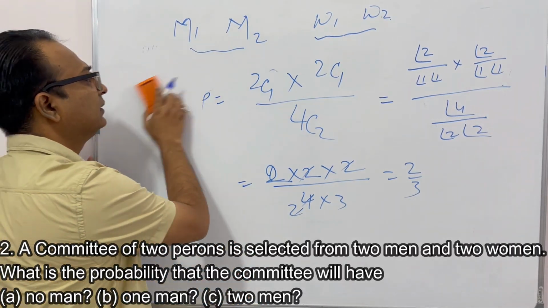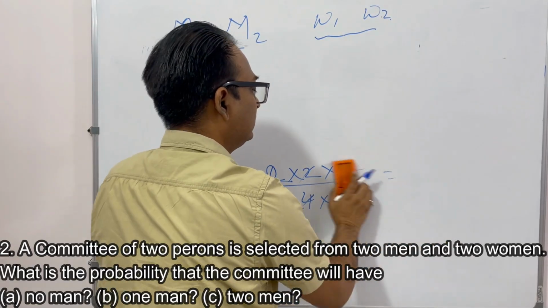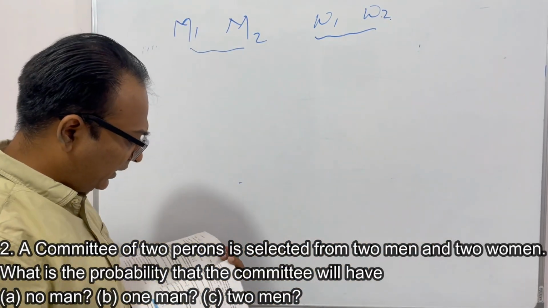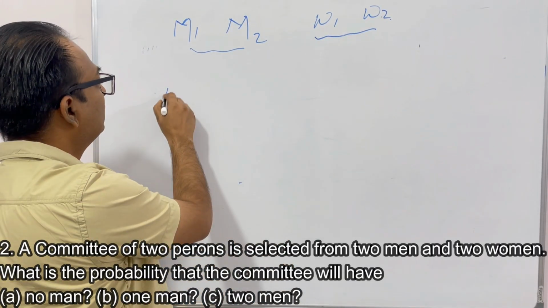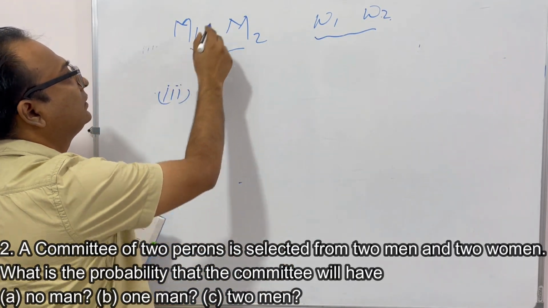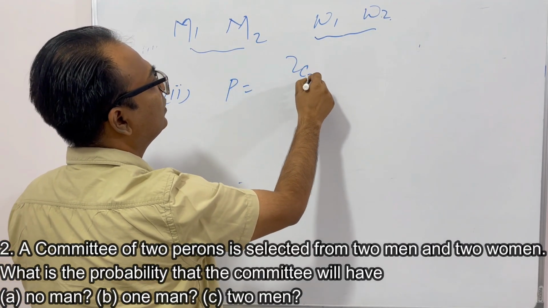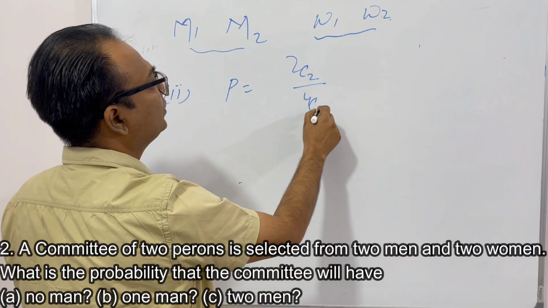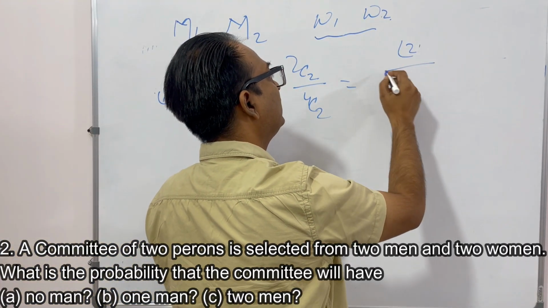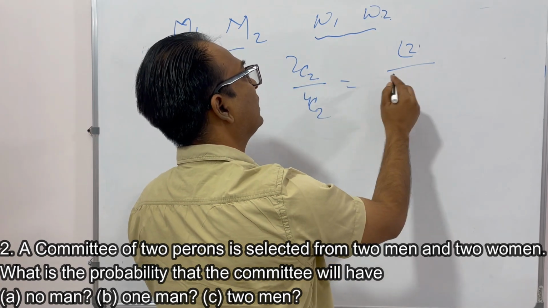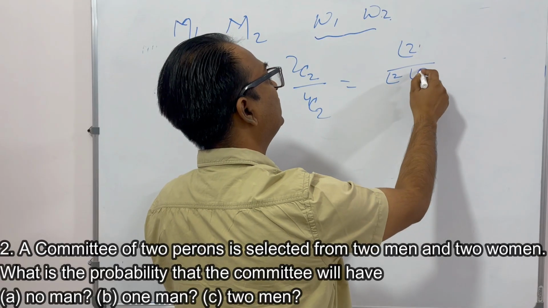Now let's see the third part. It says, what is the probability of getting 2 men? That is, the probability will be 2C2 by 4C2. What is this? This will be factorial 2 by factorial 2 factorial 0, since 2 minus 2 is 0.